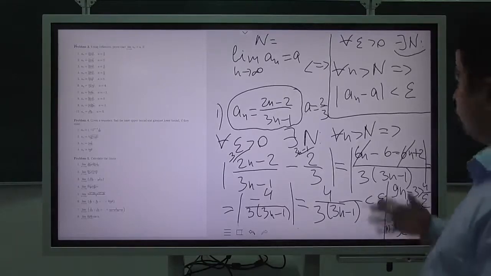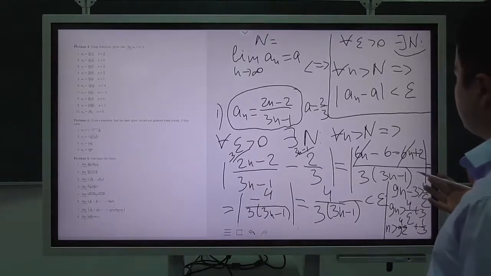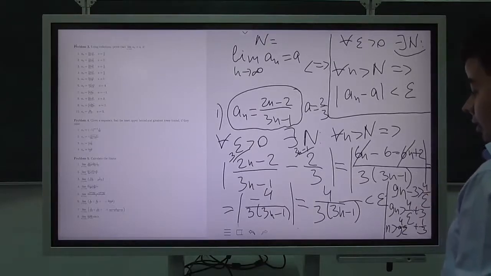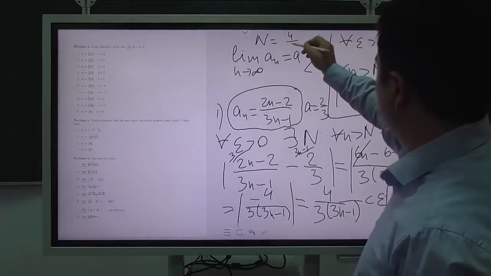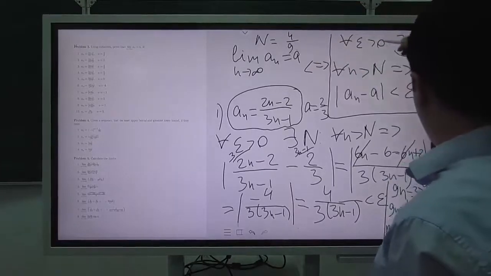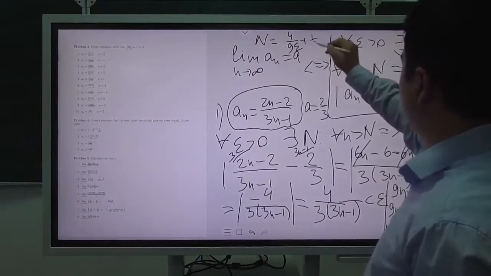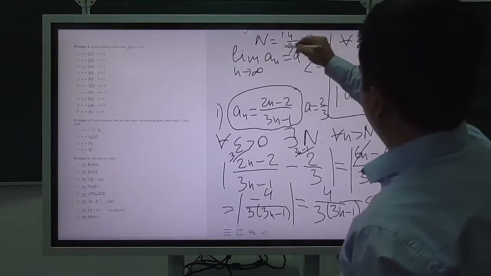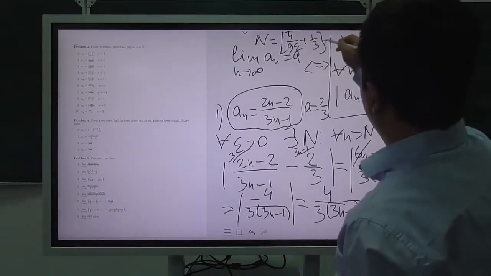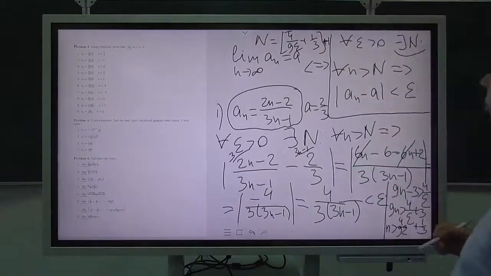And to write our N, because here it is, n is greater than N. So it is 4 over 9 epsilon plus 1 over 3, plus 1, integer part of this number plus 1.